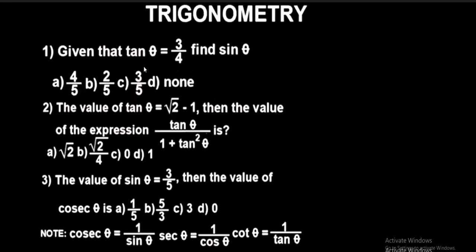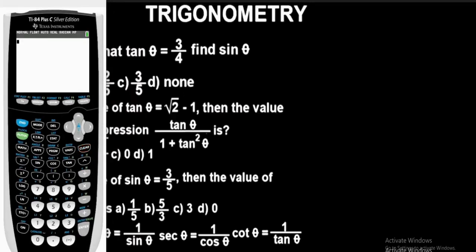So we have tan theta. We're going to store the value of tan inverse of 3/4. To bring out tan inverse, just press second and this button. So we have tan inverse of, and it's in fraction.